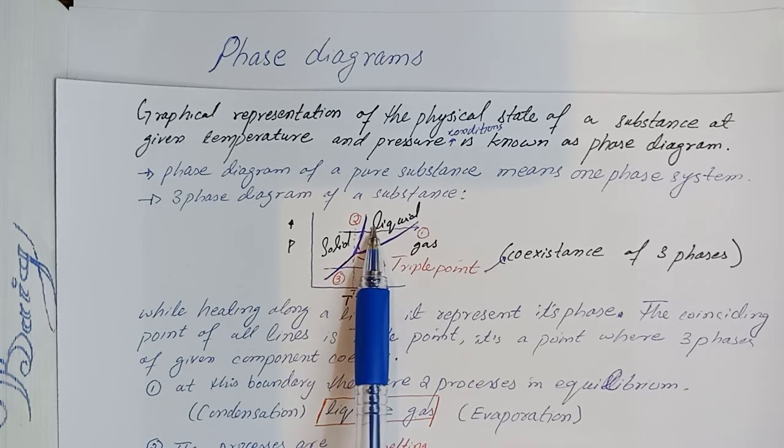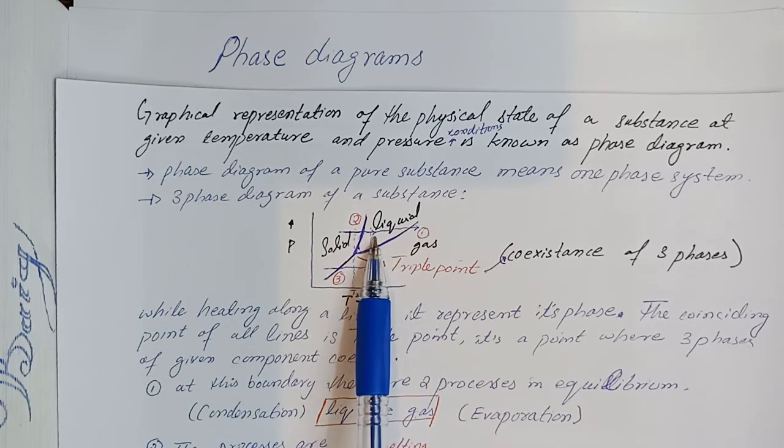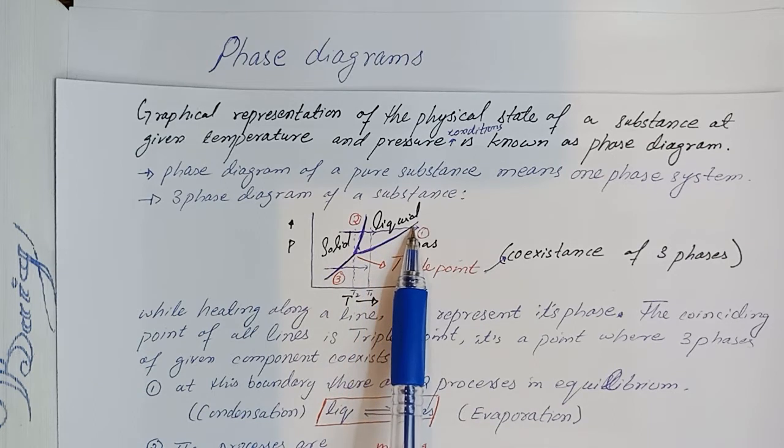If we move from liquid to gas, the process is known as evaporation, whereas the process when we move from gas to liquid is known as condensation, and the processes of condensation and evaporation coexist at the phase boundary.